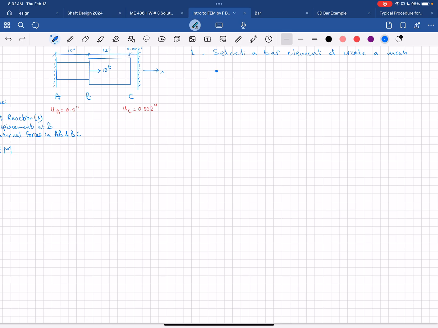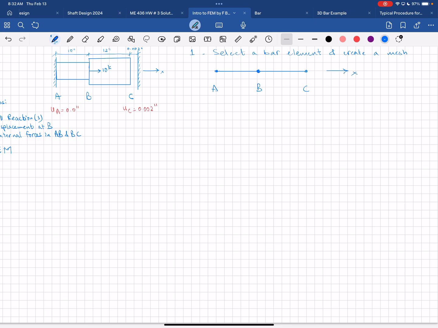So I'm going to do my mesh. I have a bar AB and another bar BC. So here I have A, B, and C. AB and BC share the node B. Everything here is oriented along the x-axis.